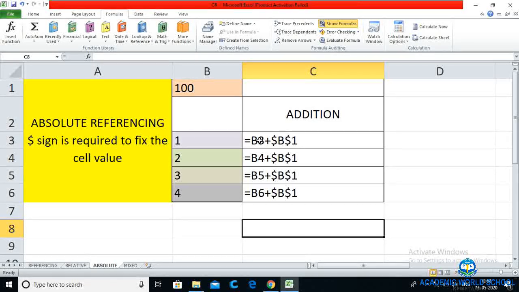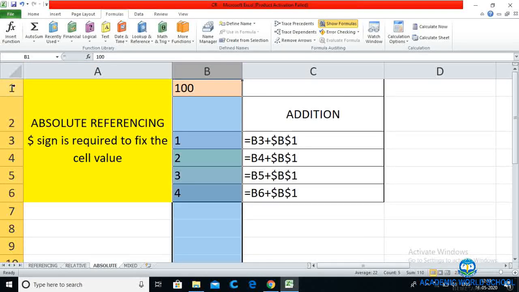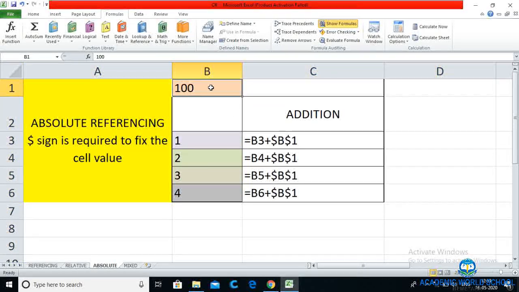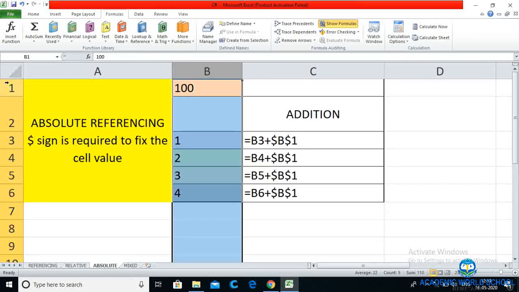B3, I haven't fixed this B3 column, B3 row, third row, because it will be added to 1, then 2 to 3 to 4. But here we have fixed this column and this row. That is B1. We are fixing a particular cell. Cell, what I have said, is the intersection of a column and a row.